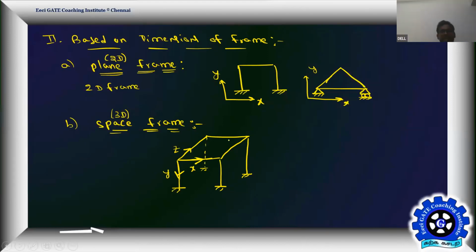So listen, in the GATE exam or any exam you write, most of the time they give plane figures. You can find only plane structures. Space structures they generally don't give, because it becomes very complicated. Even for a truss, for example, look at this: is it a frame or a truss, students?